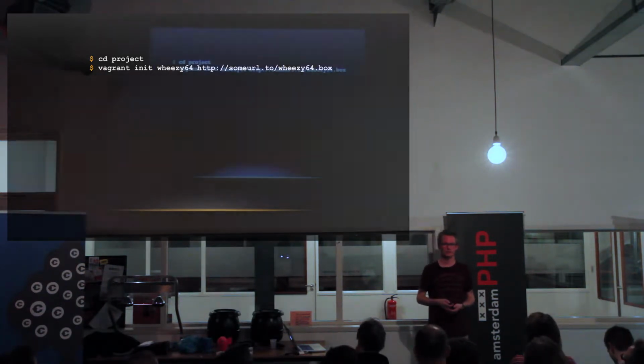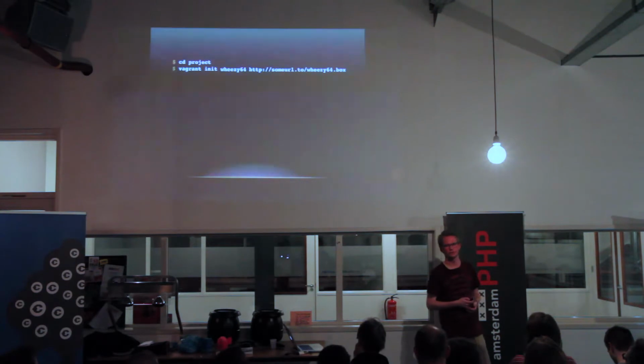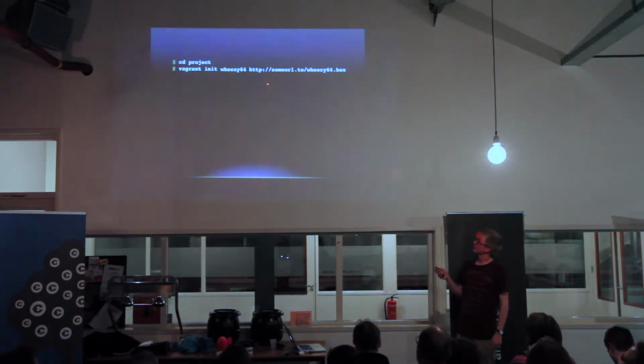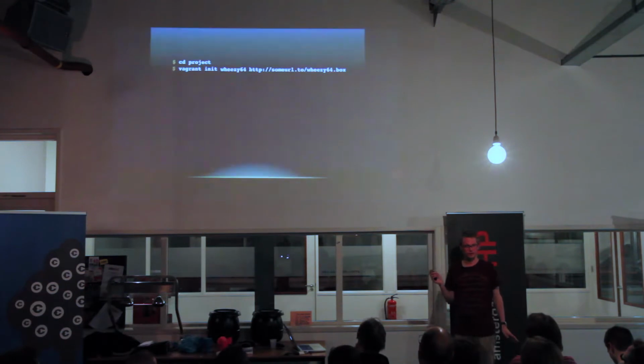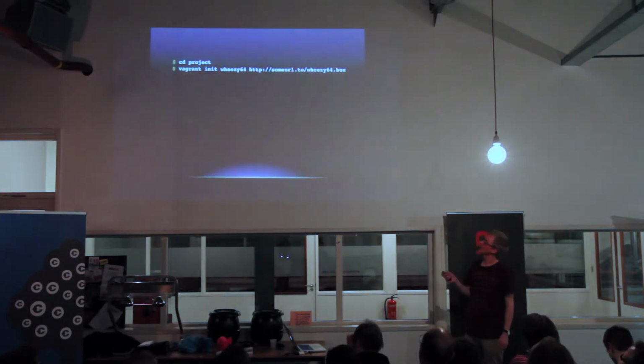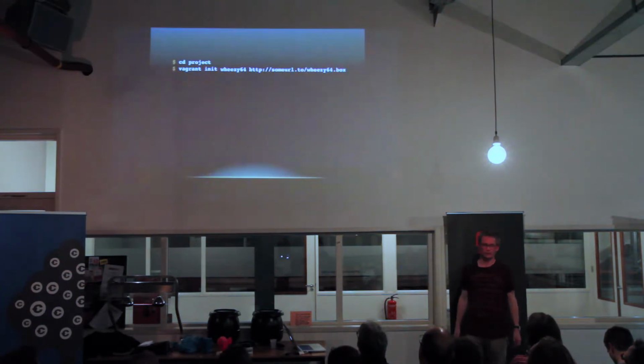It's some Ubuntu version. And what you basically do is tell Vagrant where to find the box, so it can download it. I think this is 200 MB, and it caches it for later use. And it stores it under the key wheezy64.